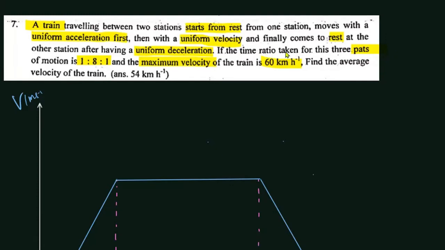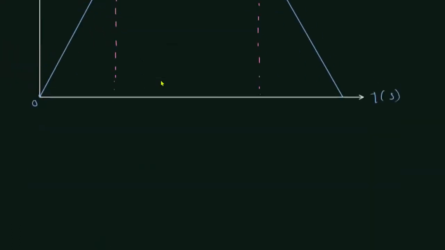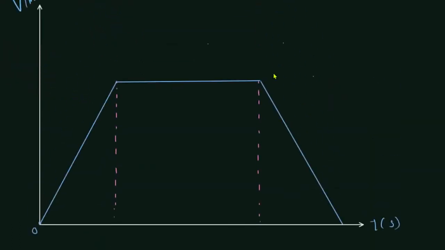If the time ratio for these three motions is 1:8:1, which means if the time taken for the uniform acceleration is t, then the time taken for the uniform velocity is 8t. Time taken for deceleration is t, right?